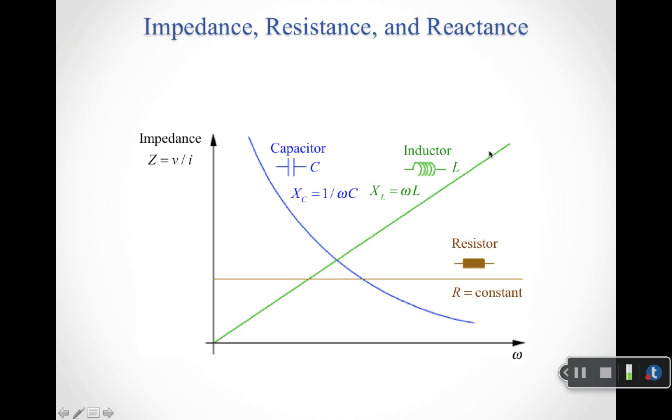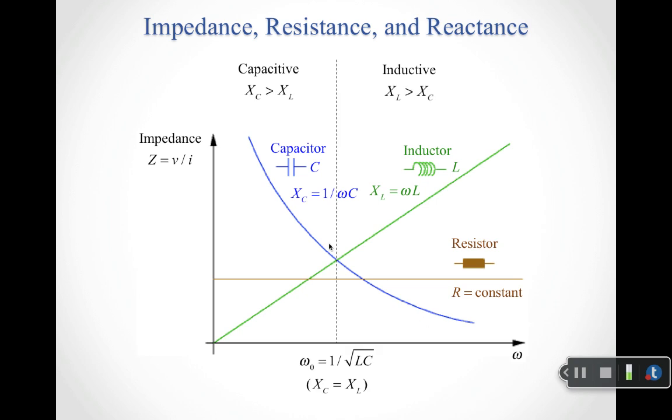So when you have an AC circuit that oscillates at a very high frequency, the inductor is going to generate a large impedance to those changes. At high frequencies, the capacitor's reactance has dropped off, so it's not impeding the changes within the current flow much at all.